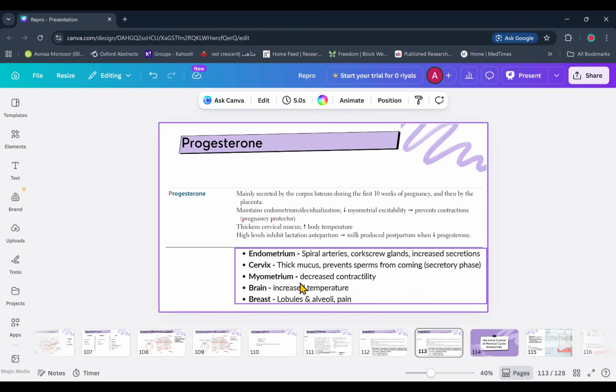That is the function of progesterone. And also, it increases the growth of the breast, both the lobules and alveoli. Again, only the gland grows, but there is no release of milk. Just the gland is the one that grows.